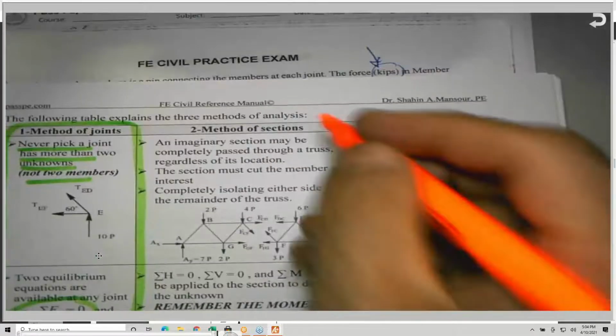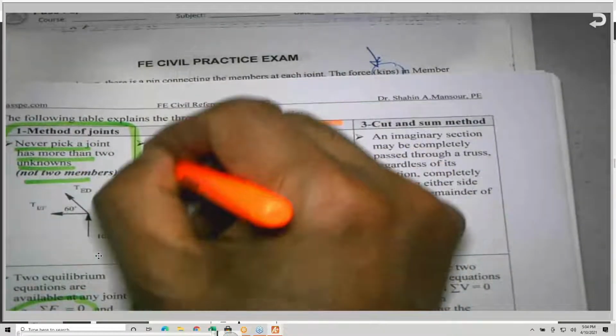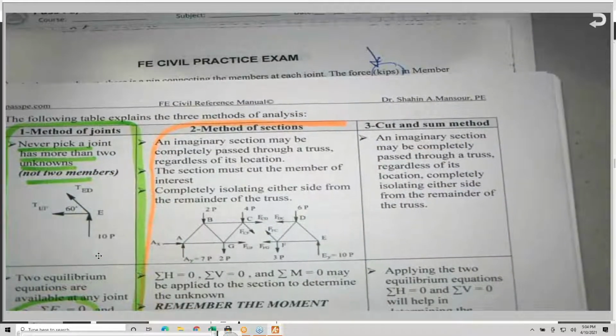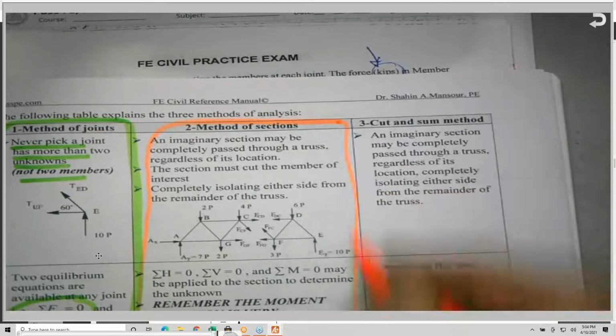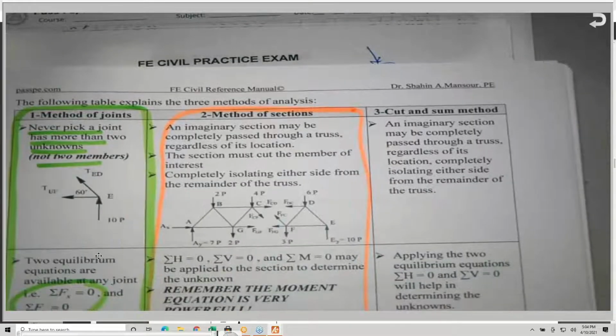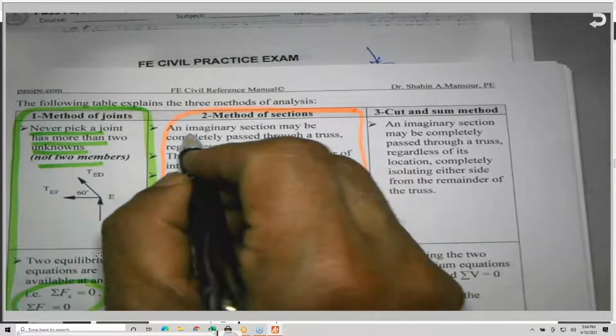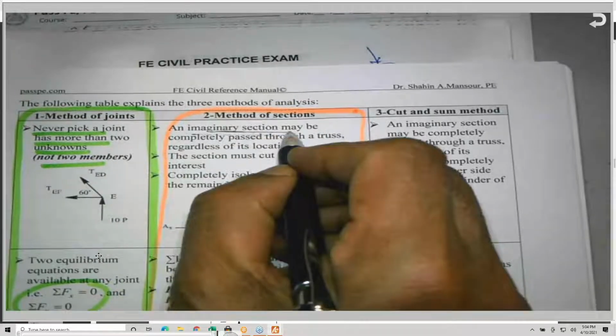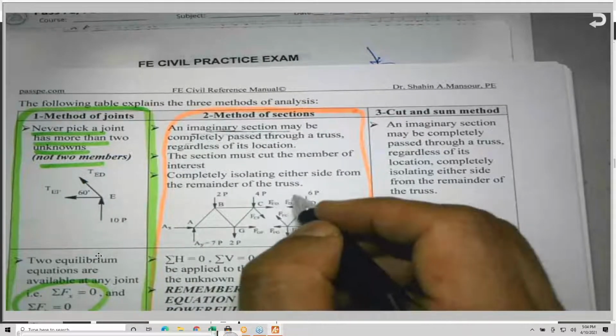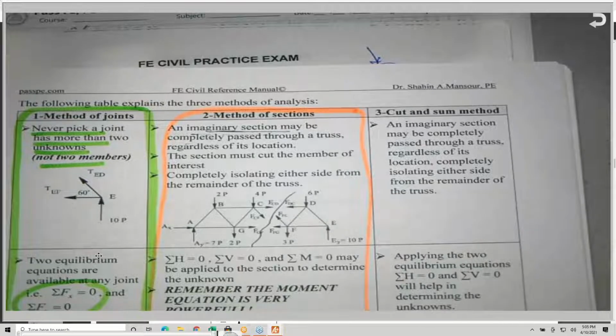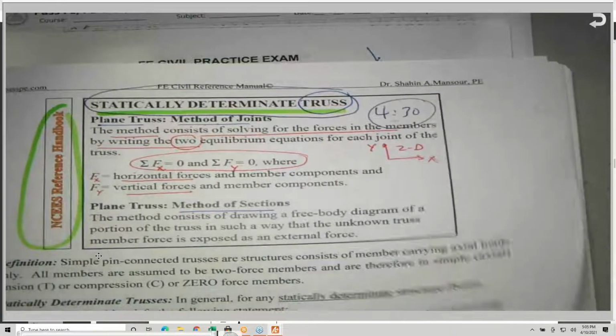So this is the second method, method of sections. What is method of sections? It tells you that you are going to cut the truss with an imaginary section. Okay, I will come with a scissor and cut it like this. So this is the original truss or another truss, I don't know.